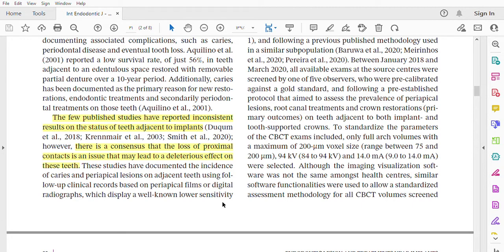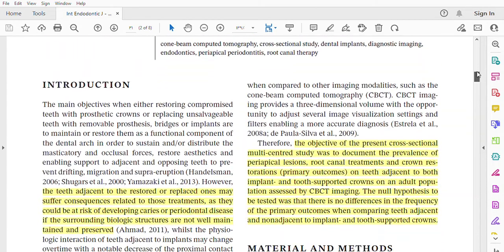These studies have documented the incidence of caries and periapical lesions on adjacent teeth using follow-up clinical records based on periapical films or digital radiographs, which display a well-known lower sensitivity when compared to other imaging modalities such as CBCT.